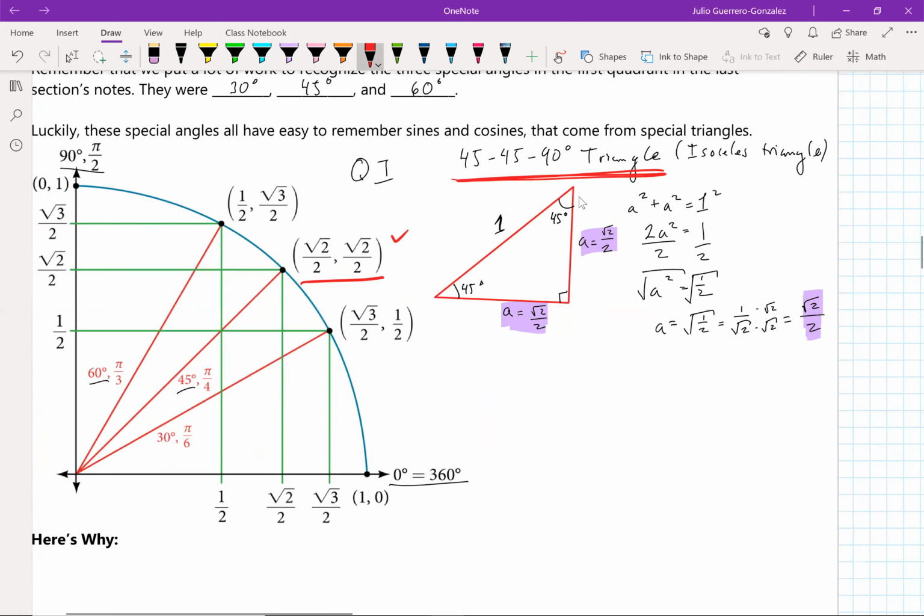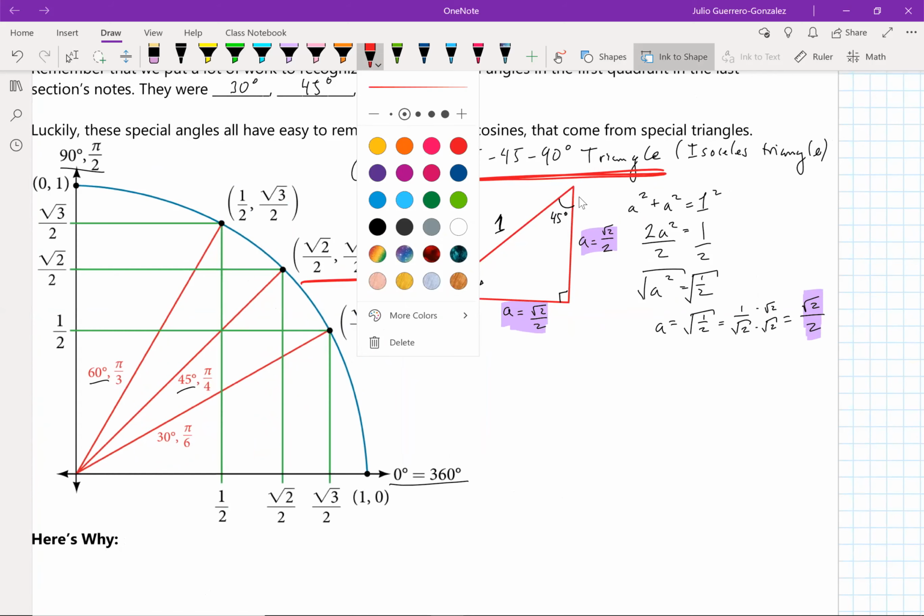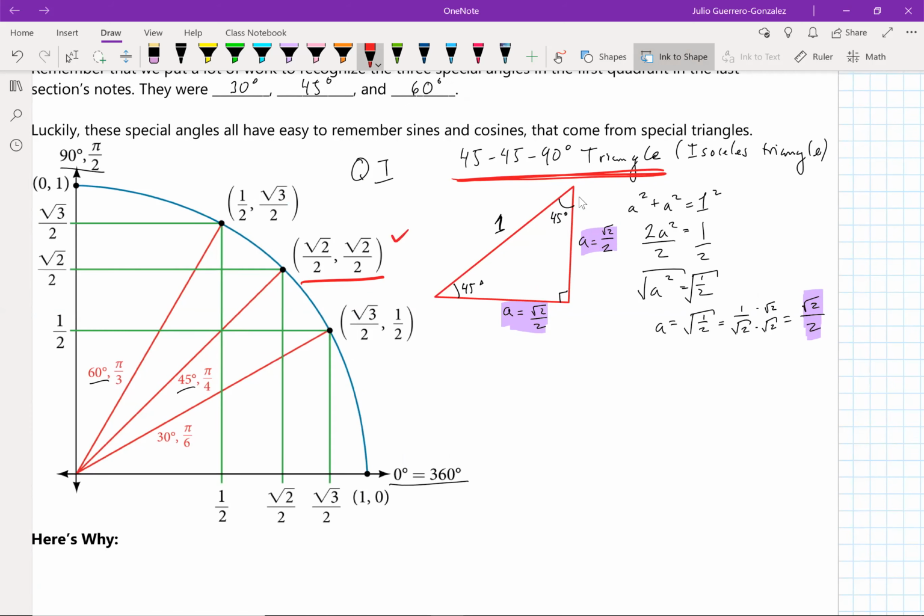The next two actually come from the same triangle. It's a different one, but we do sort of the same process. Okay, what we have here is an equilateral triangle.